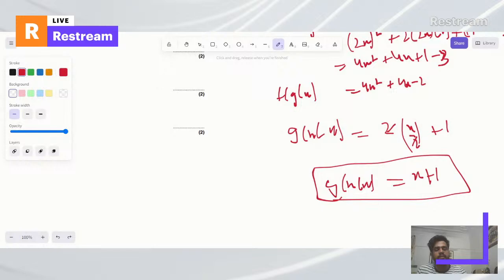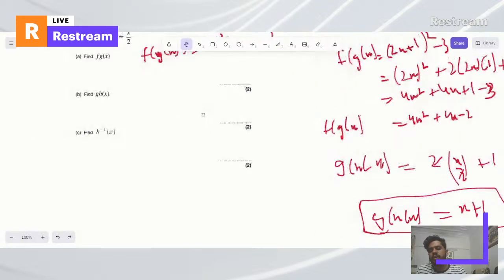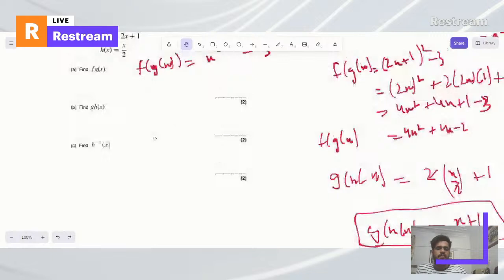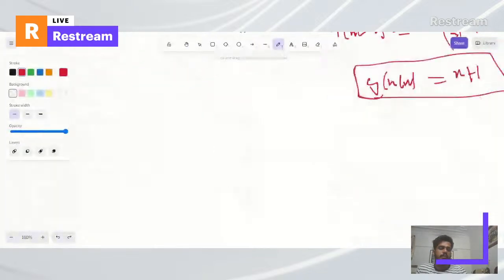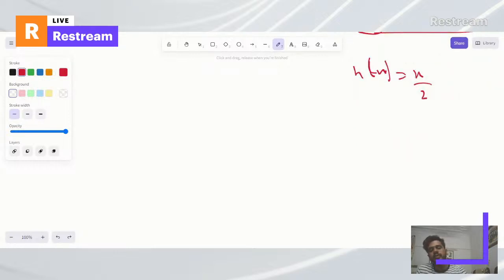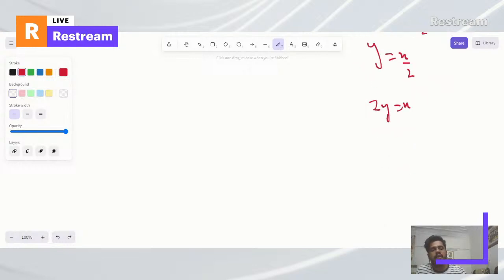Okay, so I hope this is clear now. And the last part is to find the inverse of h, which is pretty easy. So just write down h(x), which is x divided by 2. What did I explain to you? The function is going to be equal to y, so y equals x over 2. Now I'm going to make x the subject, so it becomes 2y equals x.